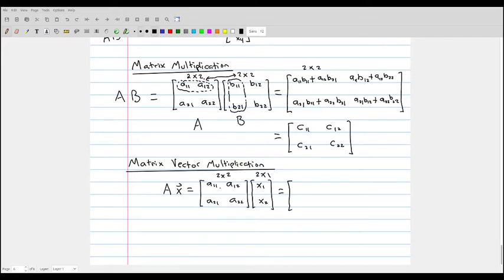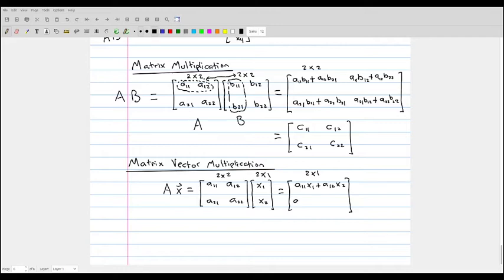And it's going to be the first row in this matrix times the first column in this matrix. And there's only going to be one entry because the matrix multiplication between a 2 by 2 and a 2 by 1 is going to be a 2 by 1, which is just another column vector.